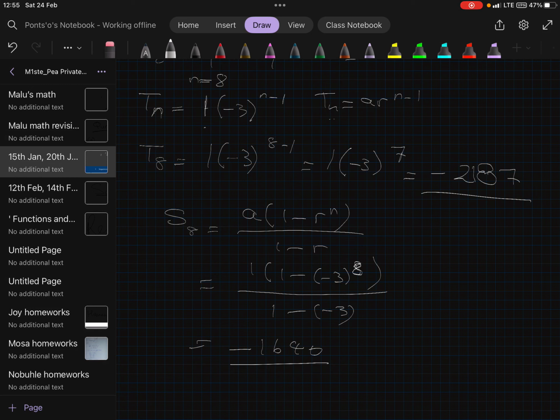So you should have T8 equals 1 open bracket -3 close bracket to the power 8 minus 1. Now you can calculate that on your calculator. What's the answer there?